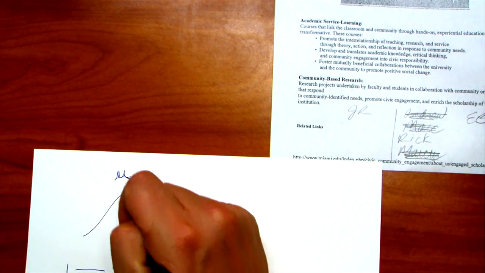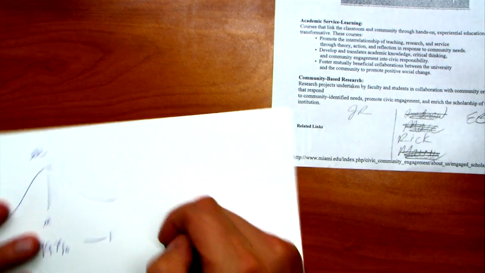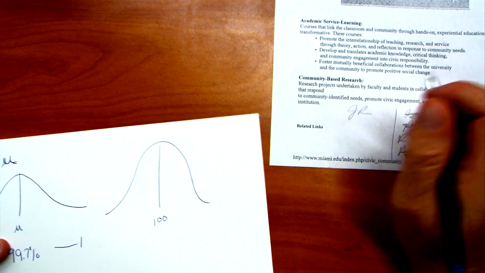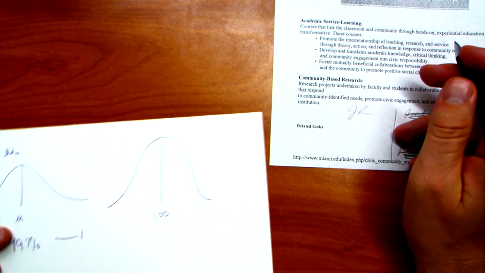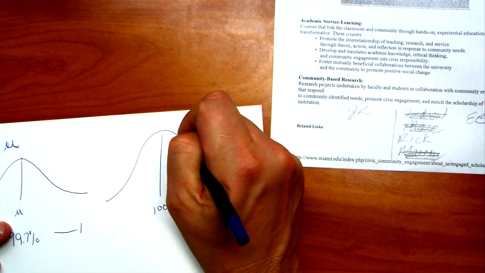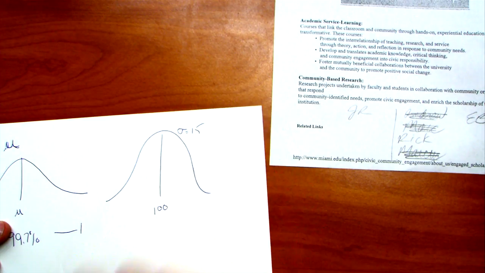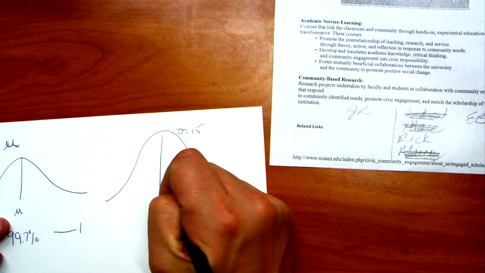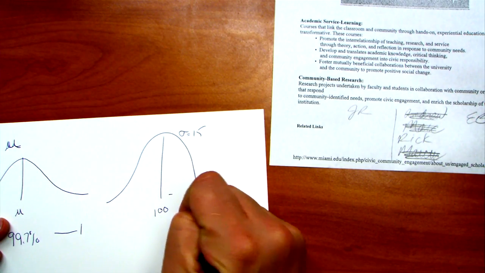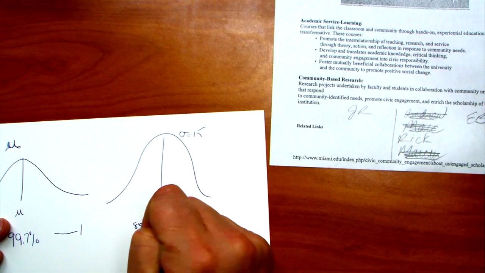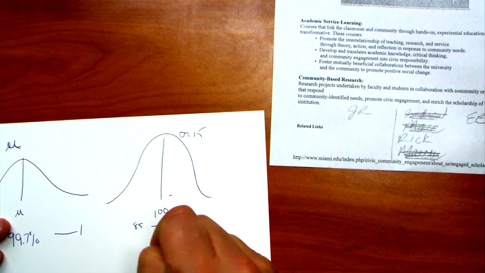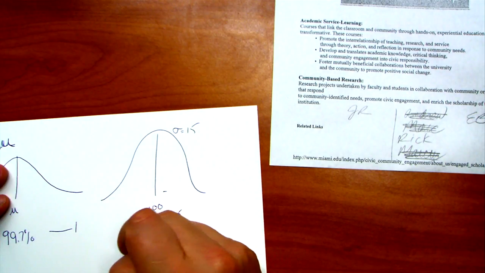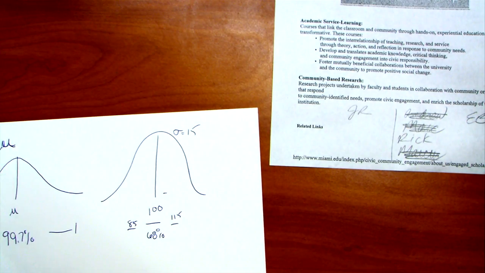Okay, let's do IQ so we can visualize this. Average IQ is 100, so if you're over 100, you're above average. The standard deviation of IQ is 15. The empirical rule tells us, if we go over 15 this way, that's 115, and 15 that way, which is 85, roughly 68% of the entire population is between 85 and 115. That's one standard deviation.